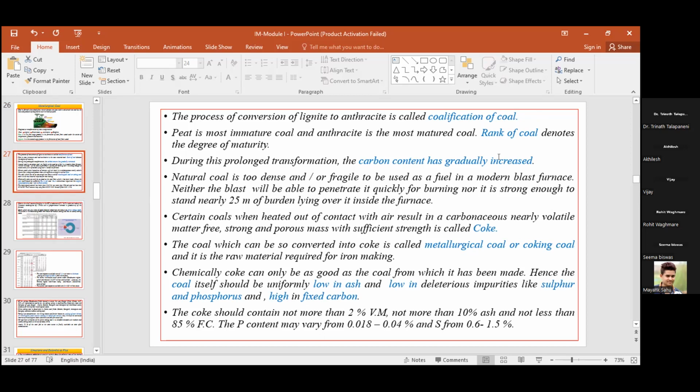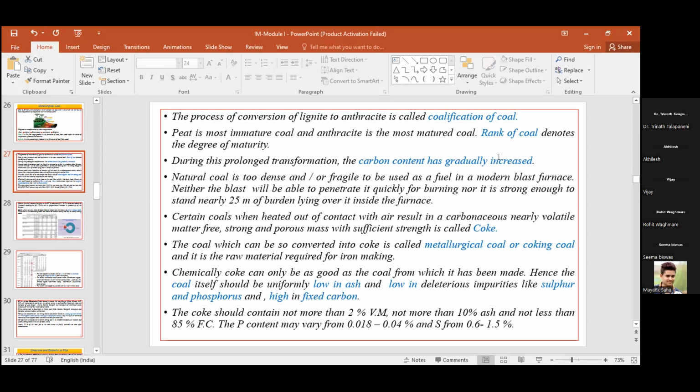And this coal, whatever is formed under the earth's crust, undergoing high pressure and temperatures, will be in a very dense form and very brittle. Because of these two natures, we cannot directly subject it to the blast furnace as a feed material.